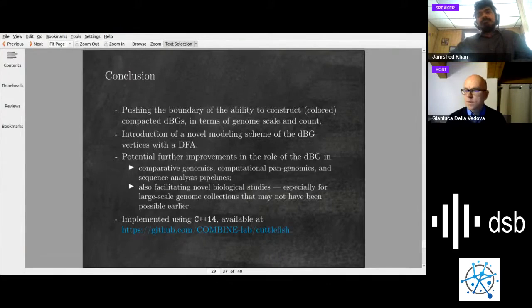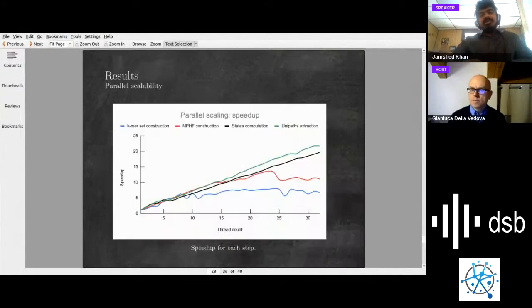Okay, thanks. Do you think that further improvements on runtime are possible? Yeah, that's a great question. If we see this speed up plot here, the K-mer set construction, that is the first step, saturates at around 8 threads.